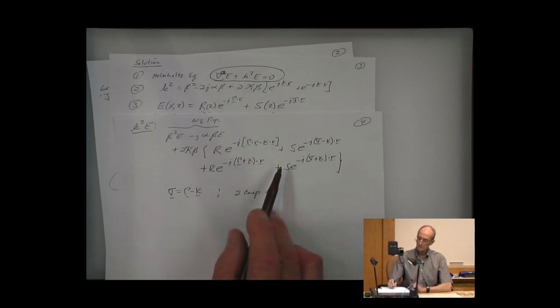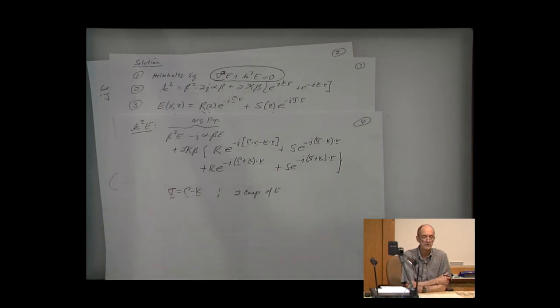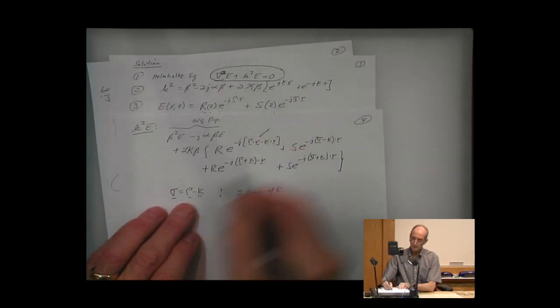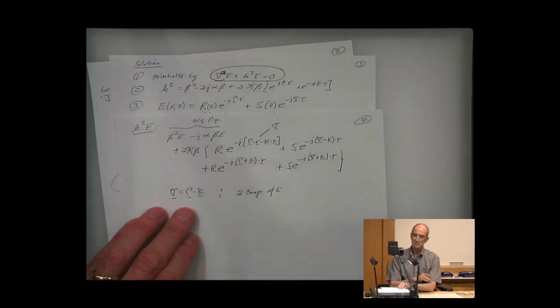So I'm suggesting now that we can throw away half of these terms that we have here. Which ones should we keep and which should we eliminate? Well, this one obviously. This is rho minus k dotted with r, so this is going to be sigma.